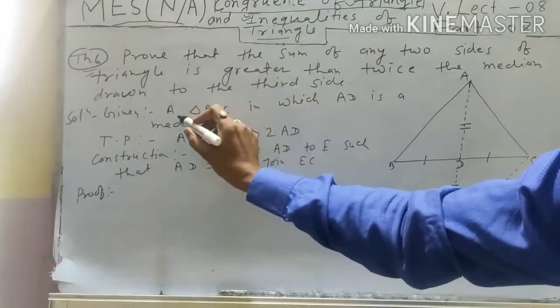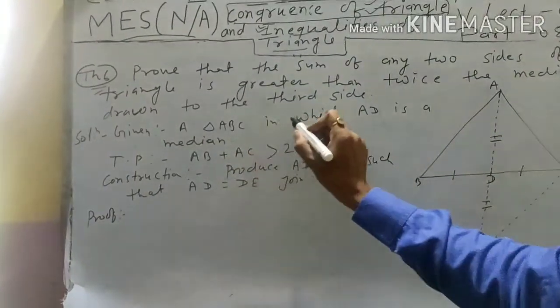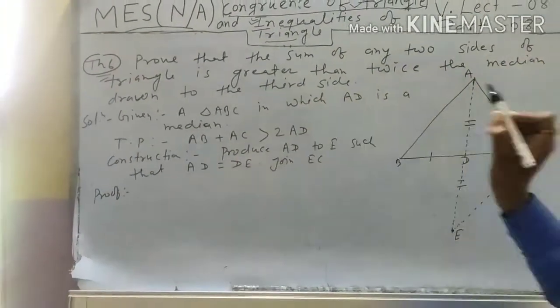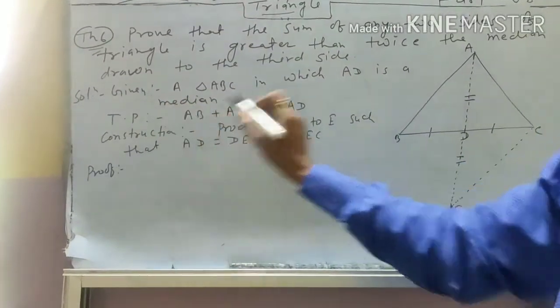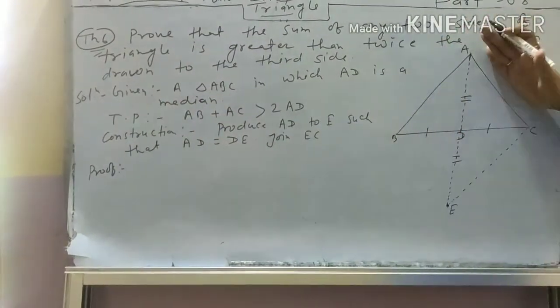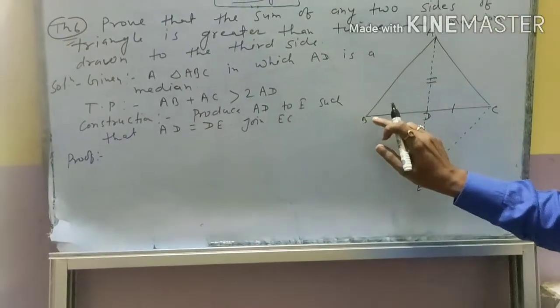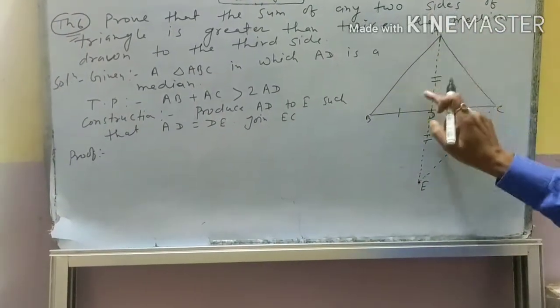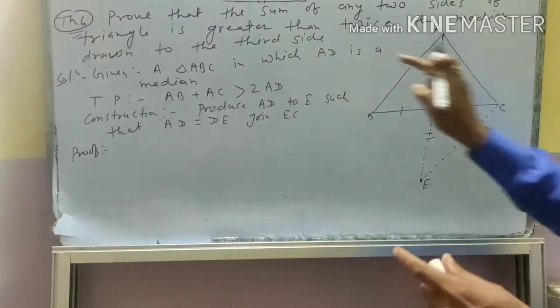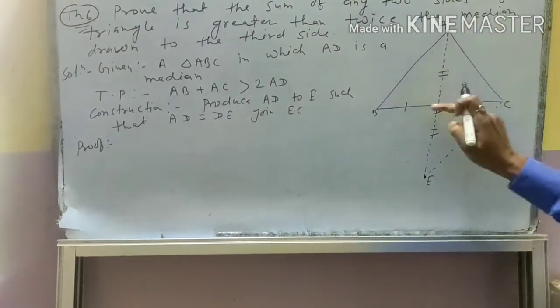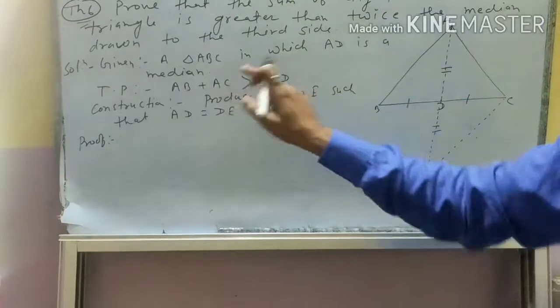To prove: AB plus AC is greater than 2 times AD. This is the proof.